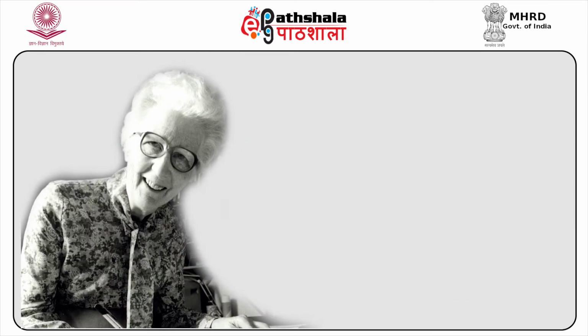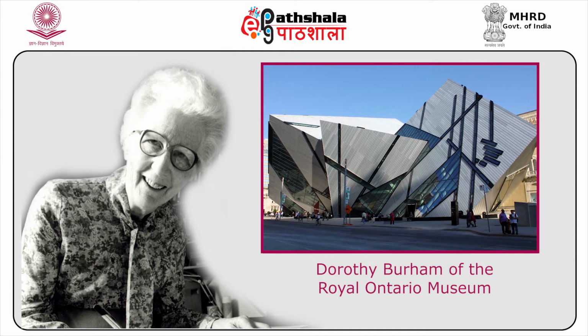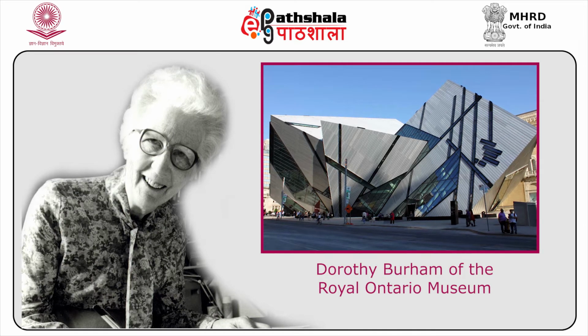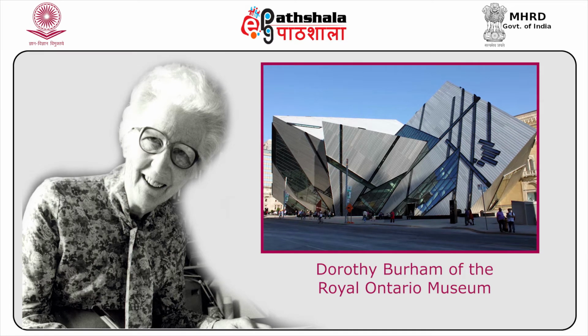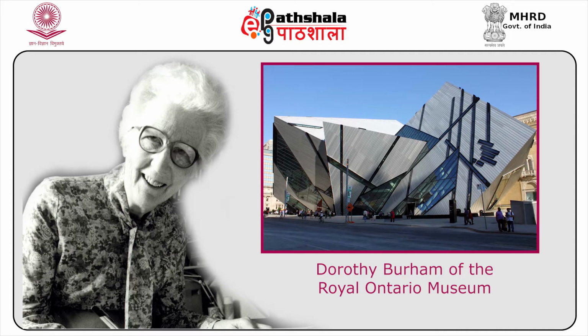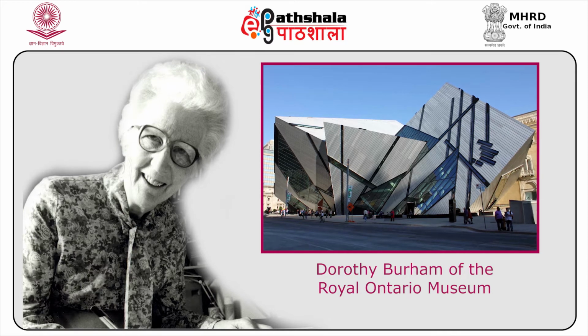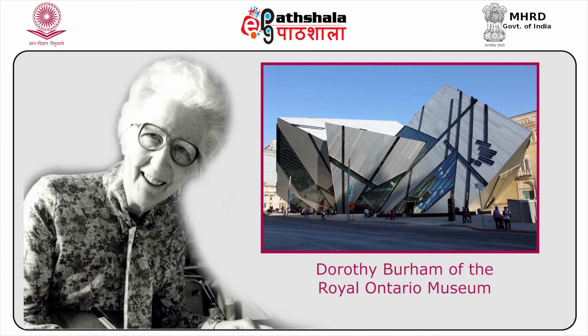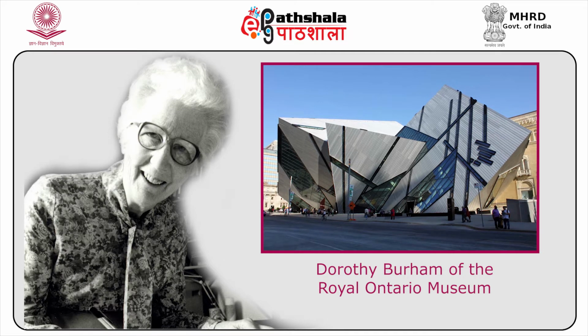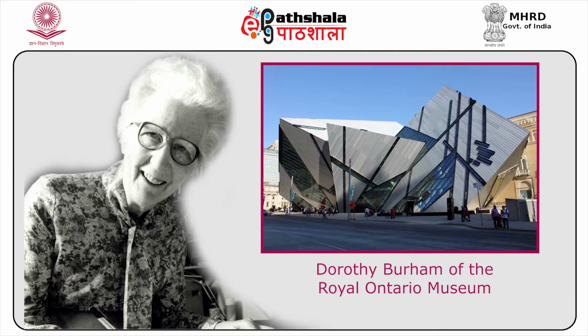The description given by Dorothy Burnham of the Royal Ontario Museum refers to kameez as a seamless shirt woven in one piece on warp-weighted looms, which were then superseded in early Roman times by cloth woven on vertical looms.